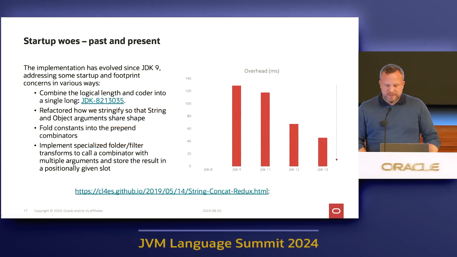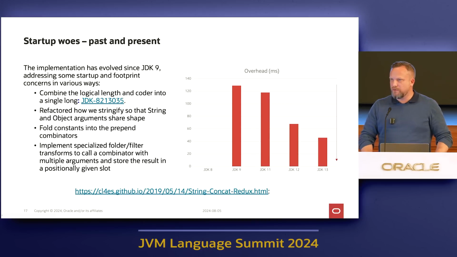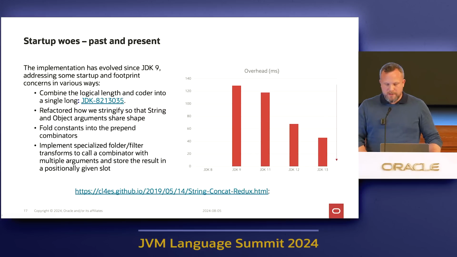Startup numbers have been, as I mentioned, poor. When we introduced this in Java 9, it was worse. On a quite simple test, I blogged about this a couple of years ago, and showed that the overhead in Java 9 for a series of concatenations could be quite damning, about 100 milliseconds for a quite simple program.